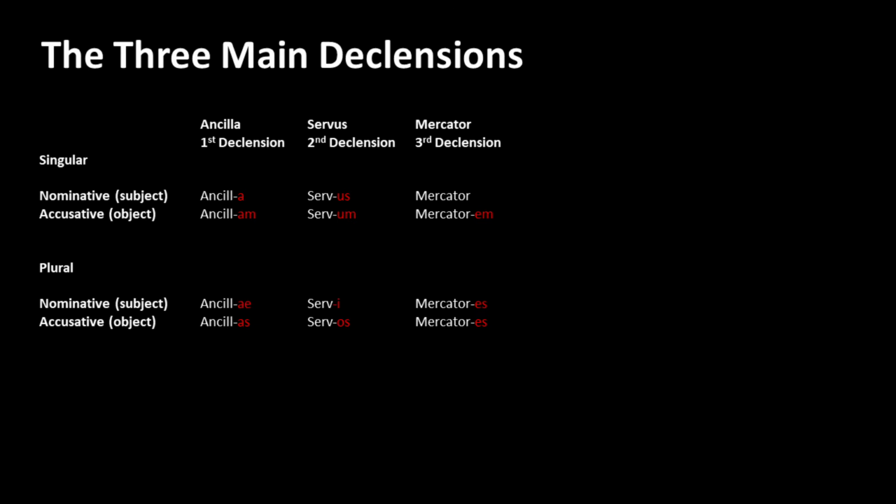So for present purposes, just take it that the nominative, or the subject of a second declension noun, ends US in the singular, and that the accusative case ends with UM, and then in the plural it ends with I and with OS. So you have servus, servum, servi, servos.